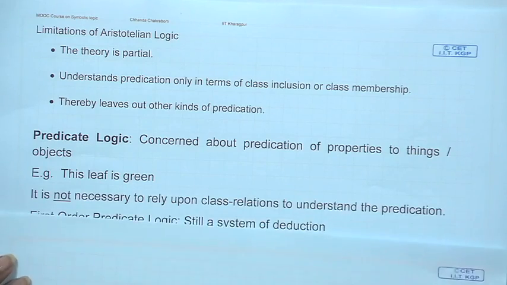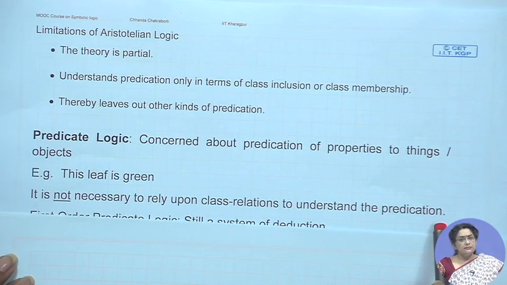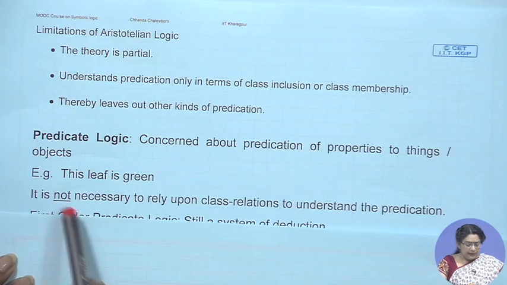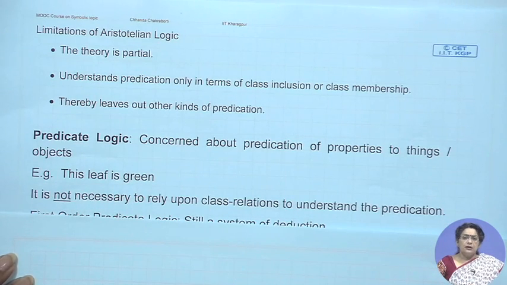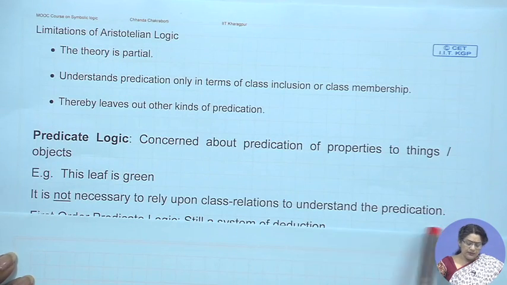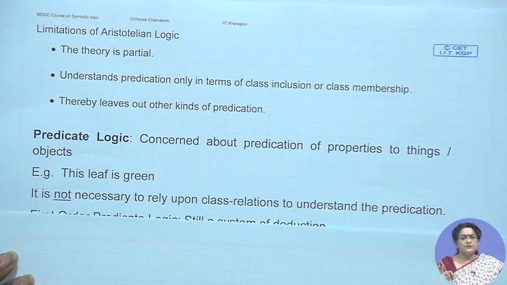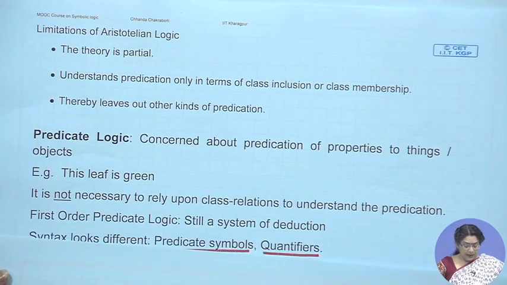But first of all, in order to approach predications of this kind or any kind, this leaf is green, leaves are green, whichever way you want to go, predicate logic says it is not necessary that we always use the lens of class relationship or membership in a class.